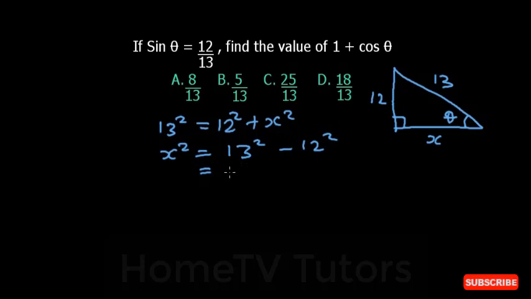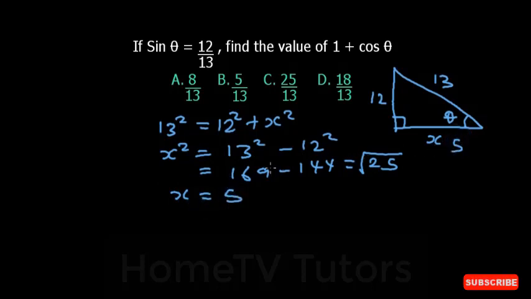We have 13 times 13 is 169 minus 12 times 12, which is 144. So with this we have 25. The square root of 25 is 5. So x is 5. So this side is 5.